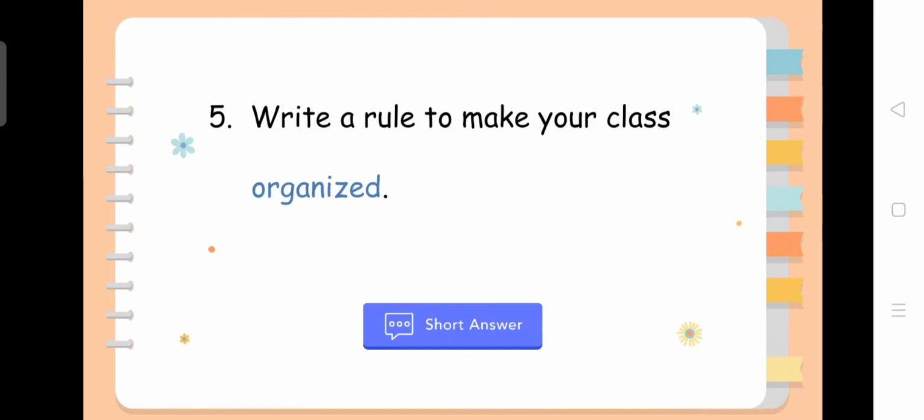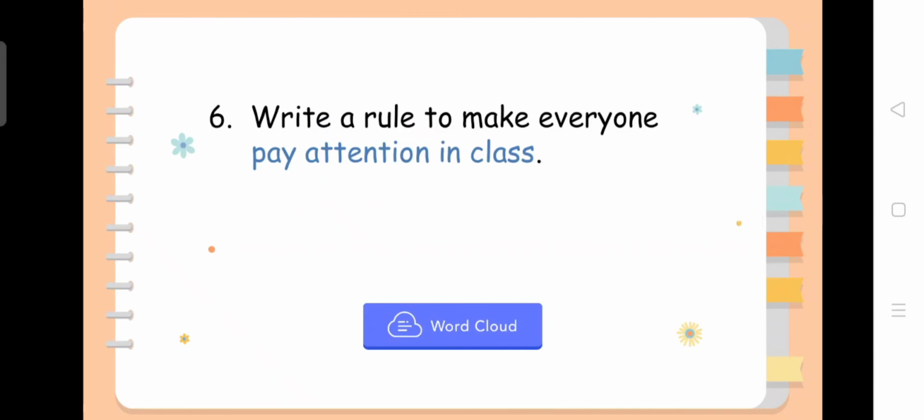Write a rule to make your class organized. Write a rule to make everyone pay attention in class. And the last one is write a rule to make everyone work together.